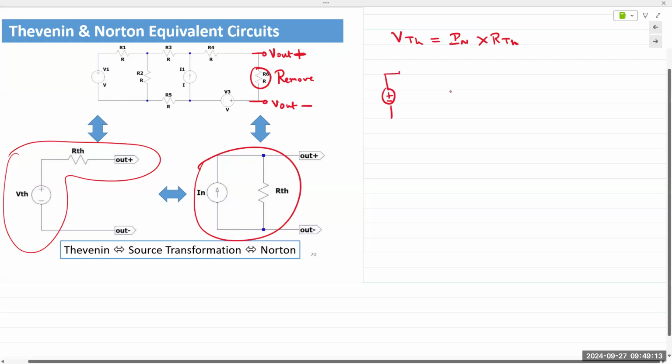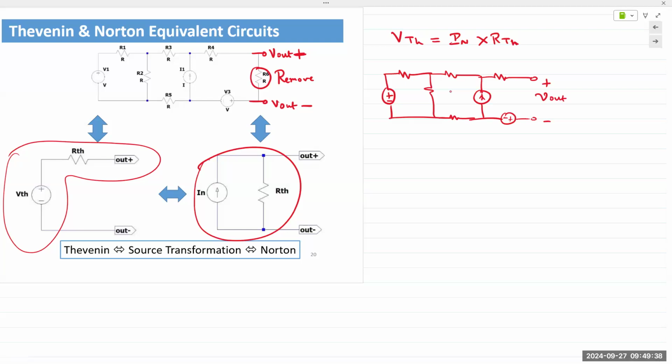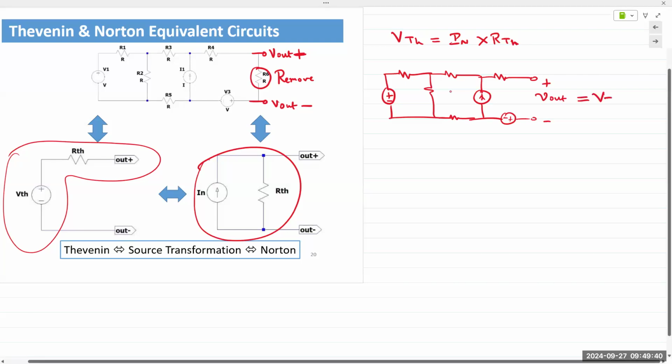If you're performing analysis to determine Thevenin voltage, you would have the circuit, and all you're going to do is analyze the circuit to find the open circuit voltage at those output terminals. You remove R6, you perform your calculations to determine the open circuit voltage at the output, and that will give you your Thevenin voltage.